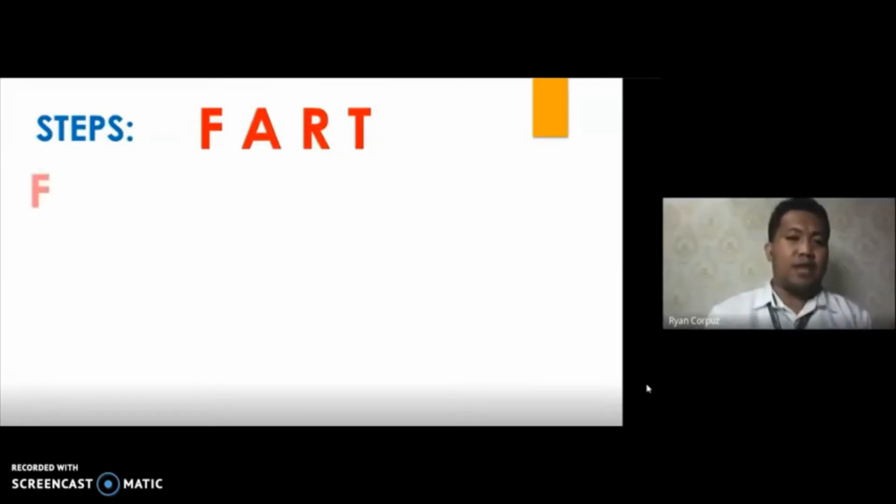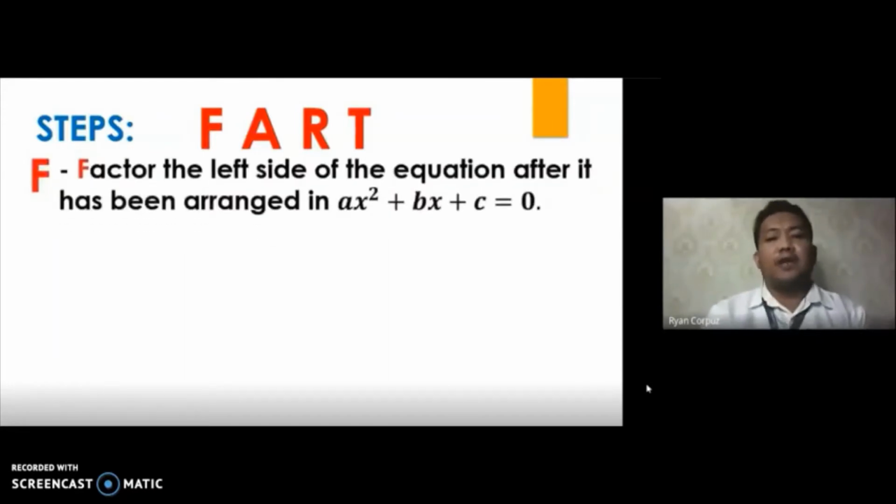So ngayon, ano ba yung part na steps na yan in solving quadratic equation by factoring? So let's have the first step. So F there stands for factor the left side of the equation after it has been arranged in ax squared plus bx plus c is equal to 0.